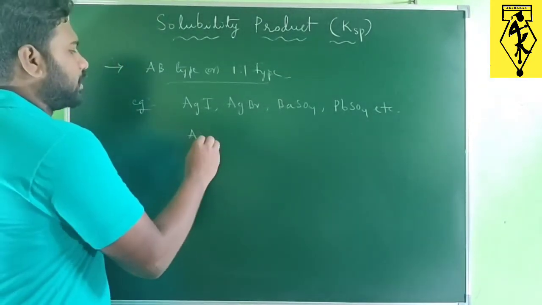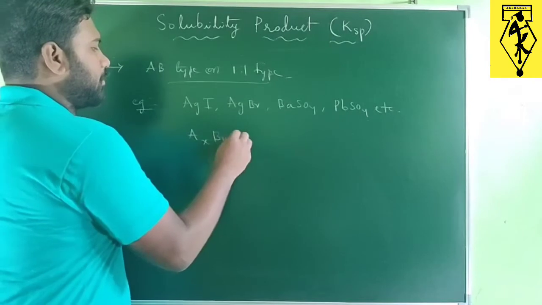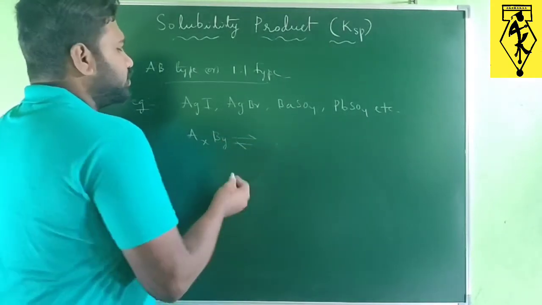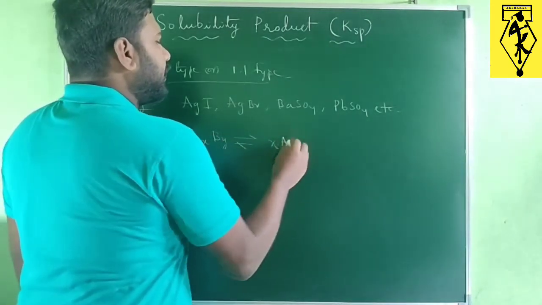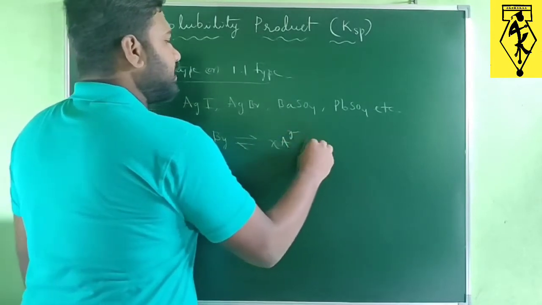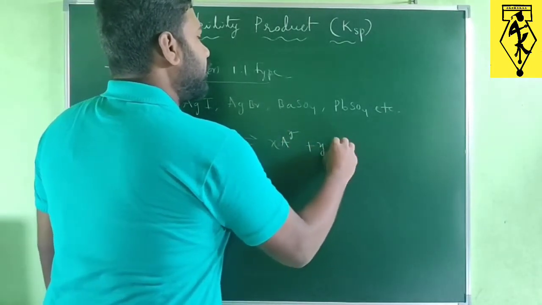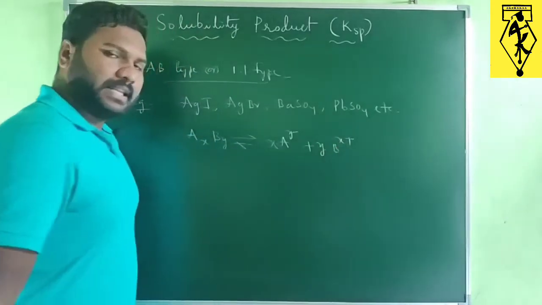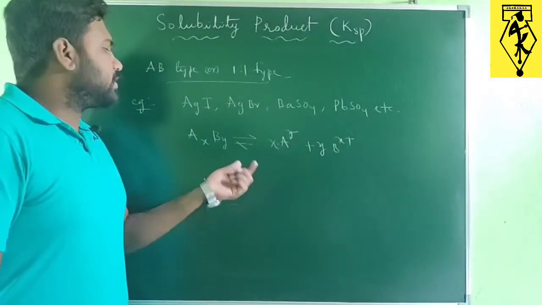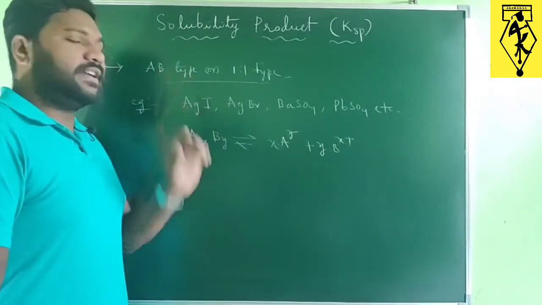If we observe the dissociation, as a general example I am taking AxBy. We know this will give xA^(y-) plus yB^(x+). This is the general representation of the dissociation of the given electrolyte.